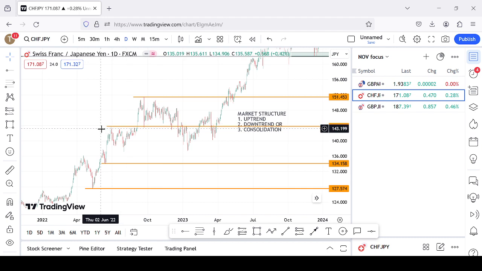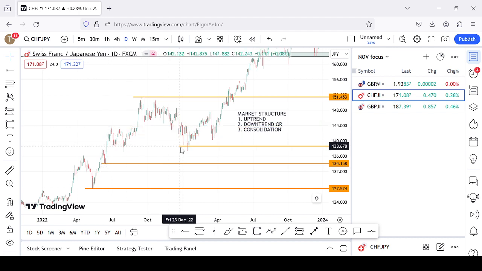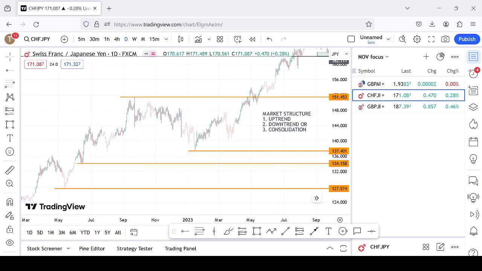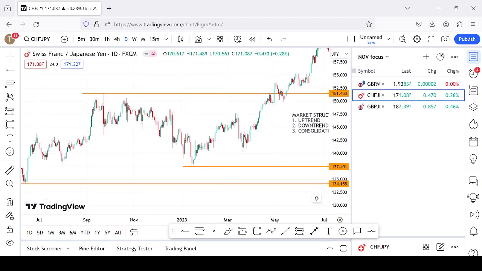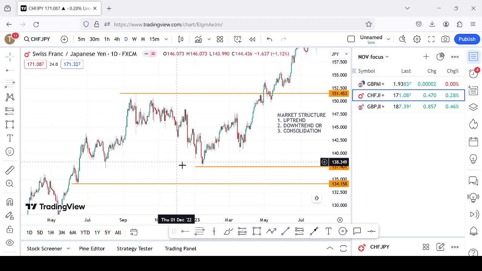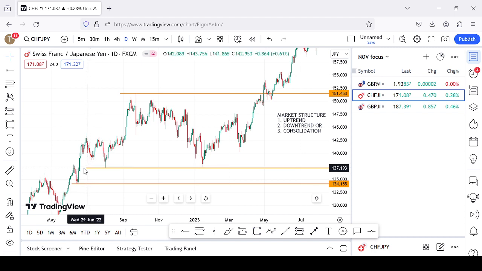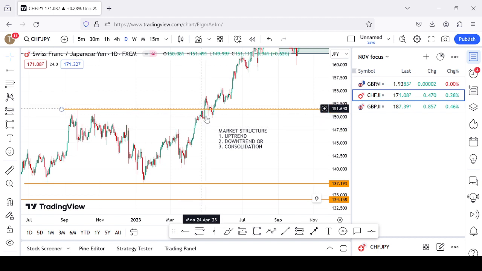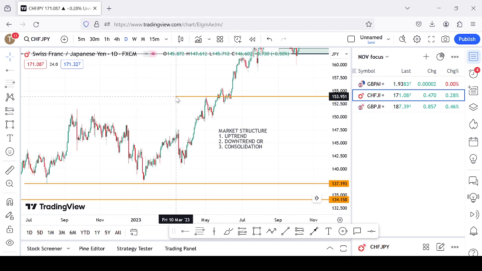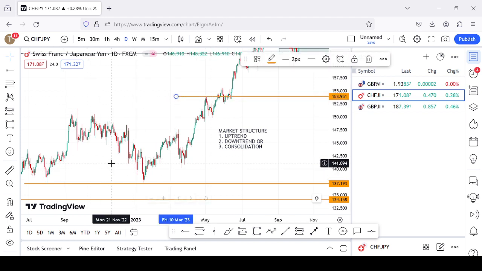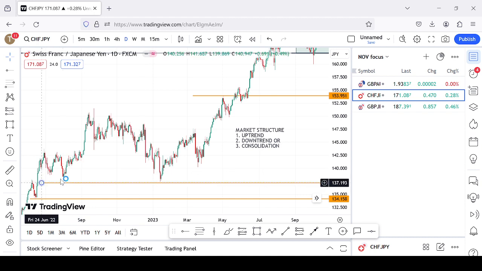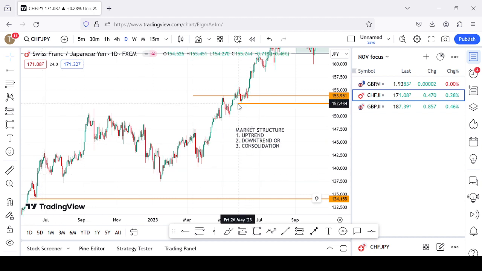So there is a place where the market starts consolidating. From here, it started consolidating. Remember, you can have more than one structure in a specific market. So this one started consolidating here, and you can see when it broke out of the consolidation, it continued with the uptrend, higher highs, then came down to form a low, another low.